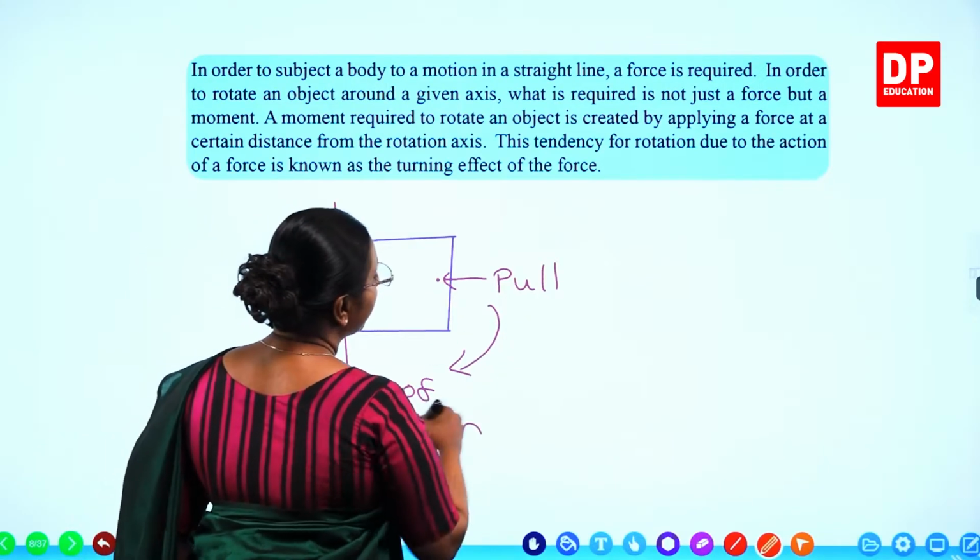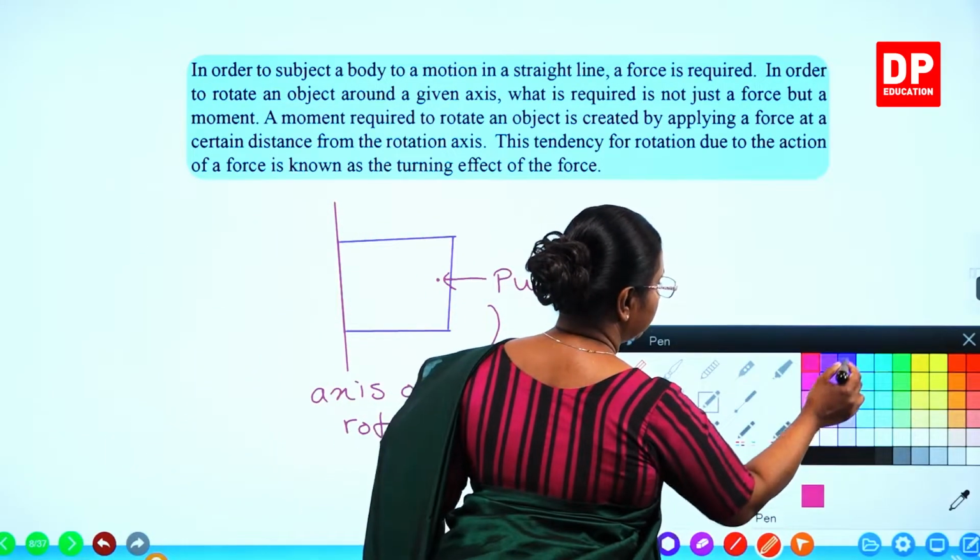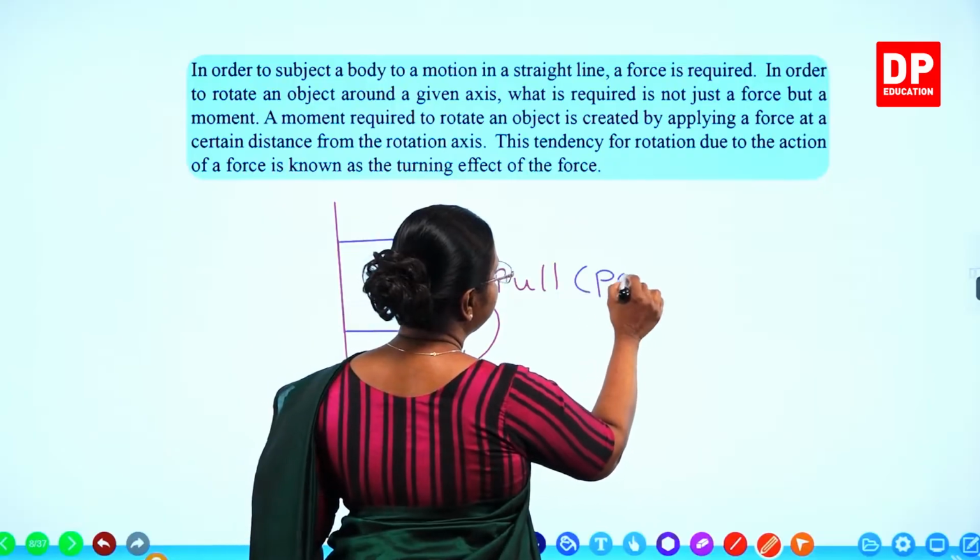And this is the point of application. Here we have the point of application.